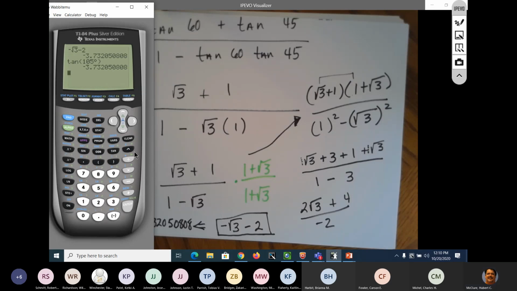Bam! And I guarantee you there's somebody in this class that didn't know what you were actually doing with the sum and difference, what you were actually finding. You're actually finding the tangent of 105 degrees. And you should feel good about yourself.